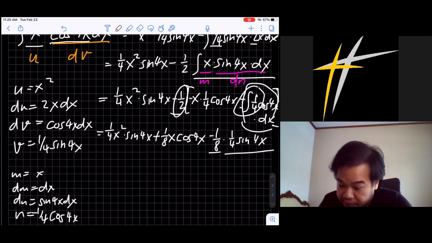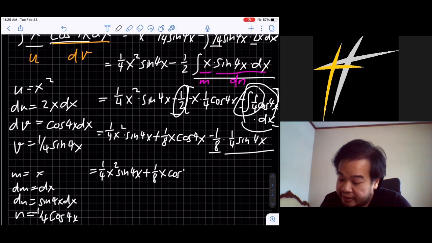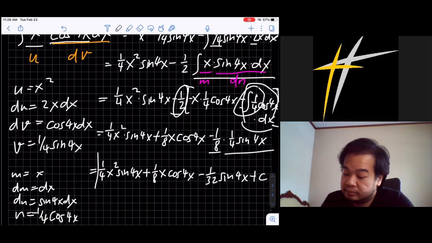Yeah, so if I simplify, then the result is 1 over 4 x squared sine 4x plus 1 over 8 x cos 4x minus 1 over 32 sine 4x plus C.